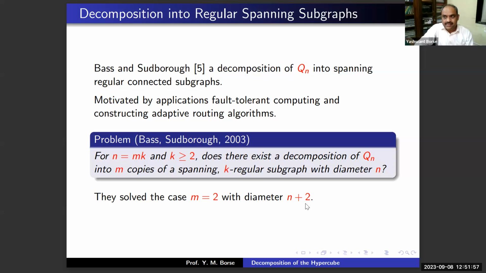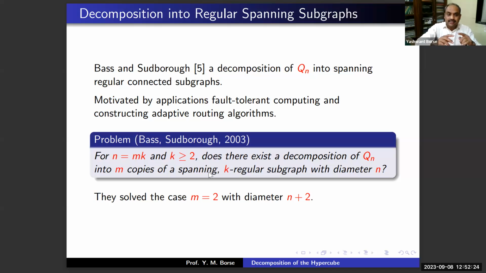Okay. But see, Hamiltonian decomposition says Qn, for even n, can be decomposed into spanning cycles, right? A spanning cycle is a 2 regular, 2 connected subgraph, right?